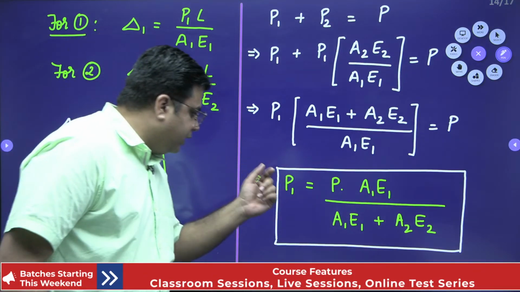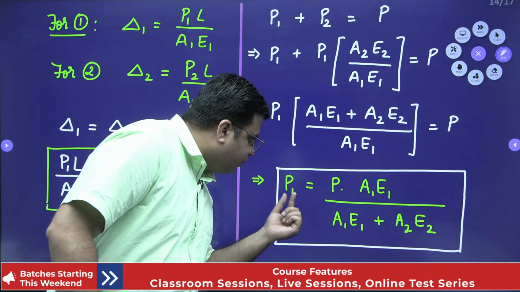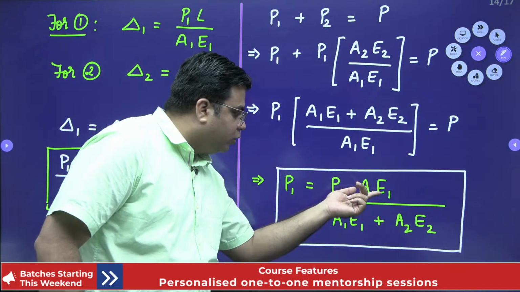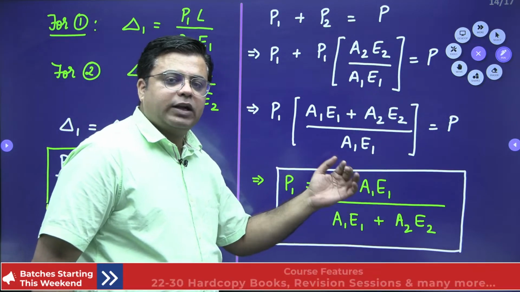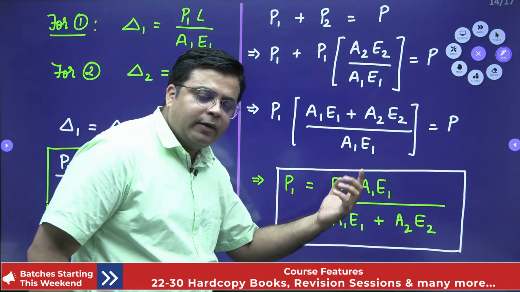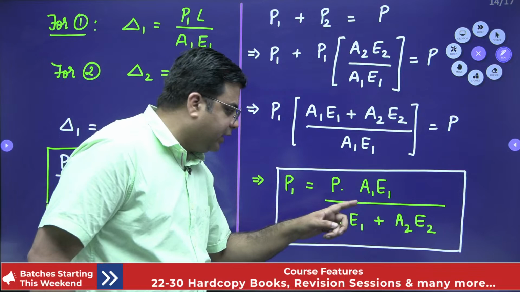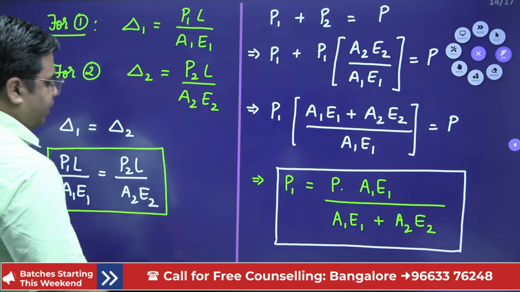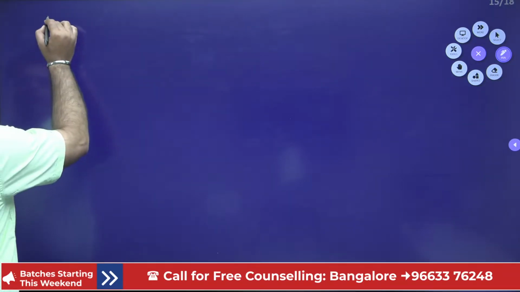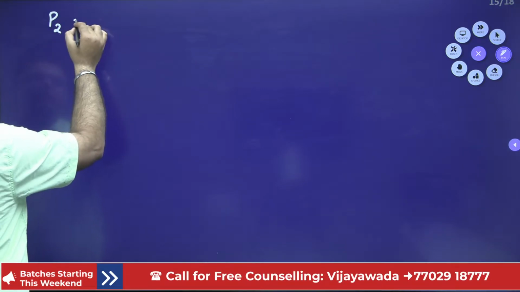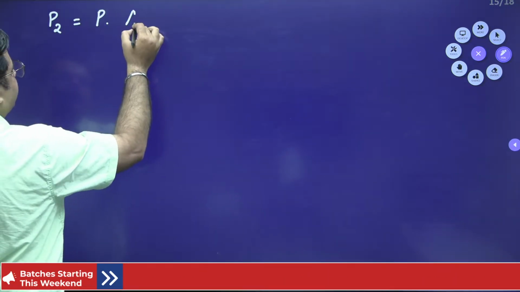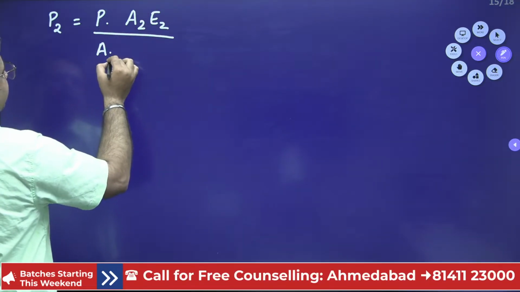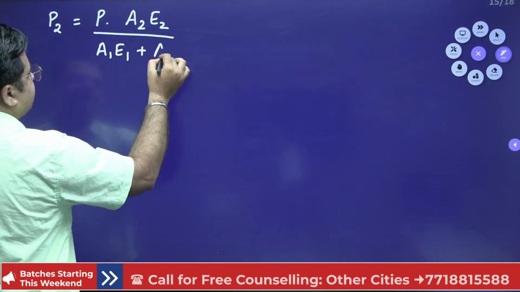Now observe this P1, right? This P1 is nothing but the weighted average of this P with respect to your axial rigidity. Whatever is the axial rigidity for a member, weighted average of that axial rigidity will be your load P1. Similarly, if you calculate load P2, P2 will be like P into A2 E2 divided by A1 E1 plus A2 E2.